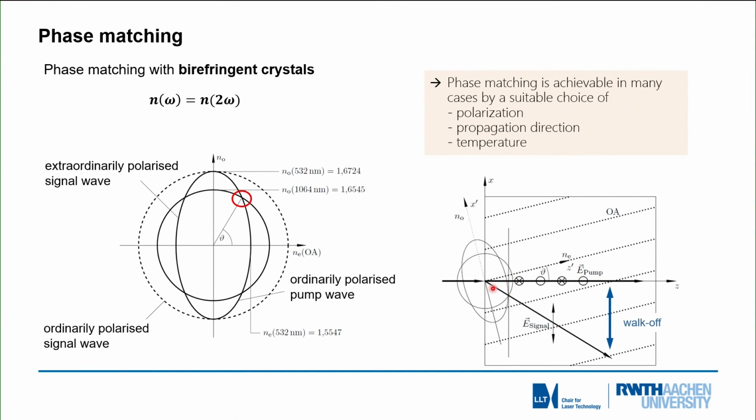So there will be a systematic walk-off, as we call it. The green light will be deflected under a certain angle depending on the difference in index of refraction. So we will have a spatial displacement of the beams through their propagation through the crystal.